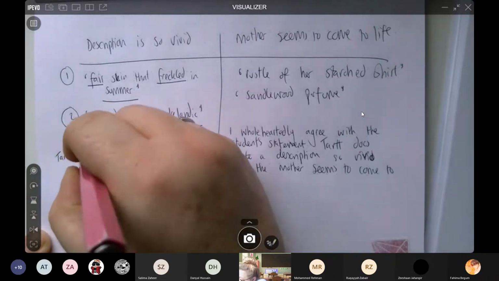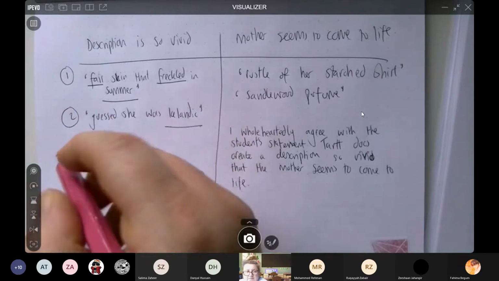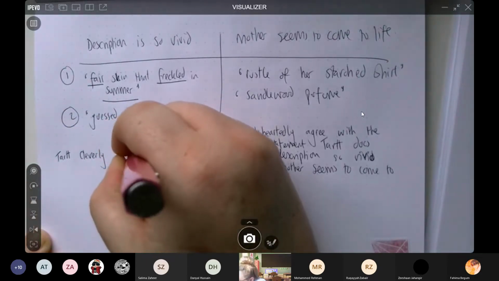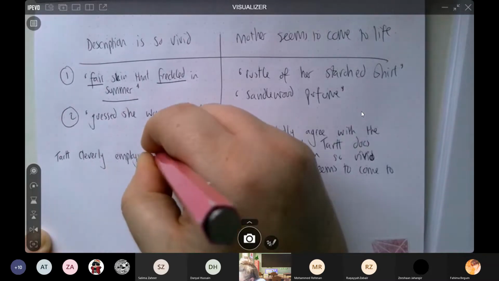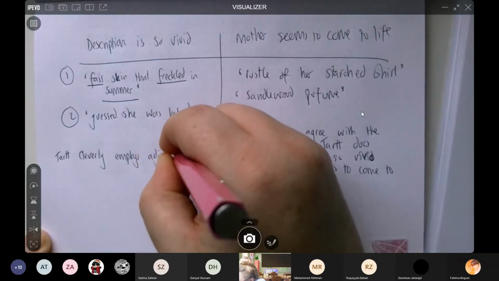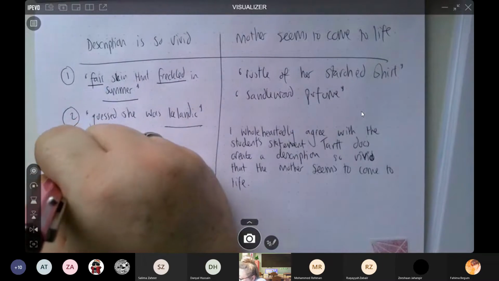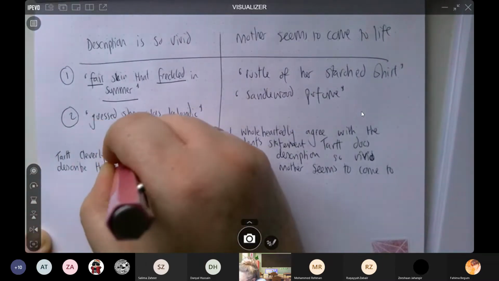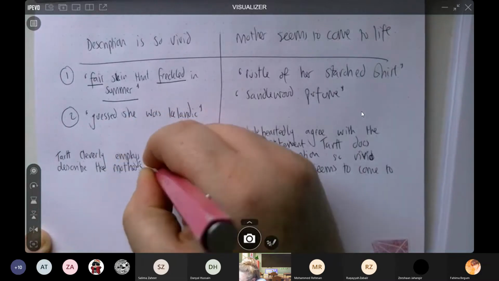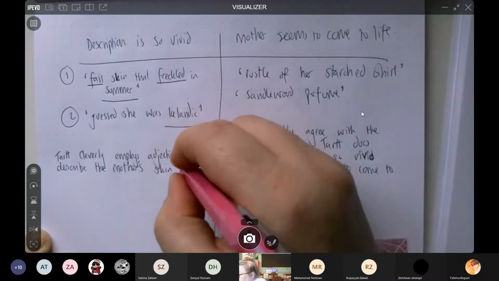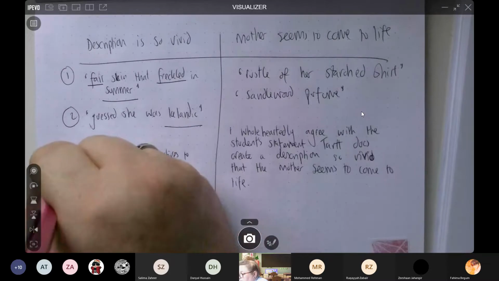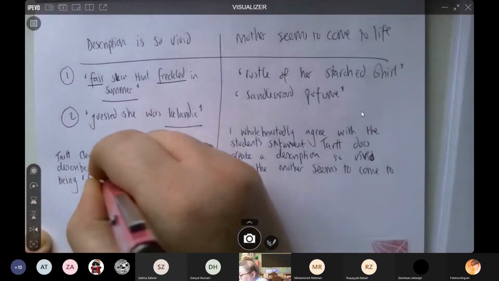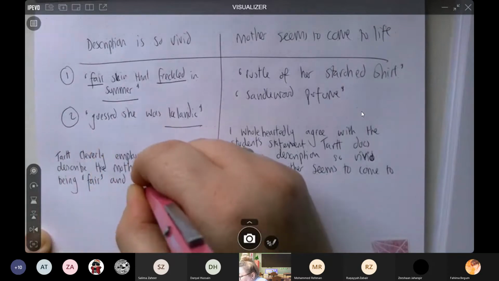So Tart cleverly, I'm evaluating. Tart cleverly employs adjectives to describe the mother's skin as being fair and freckled.